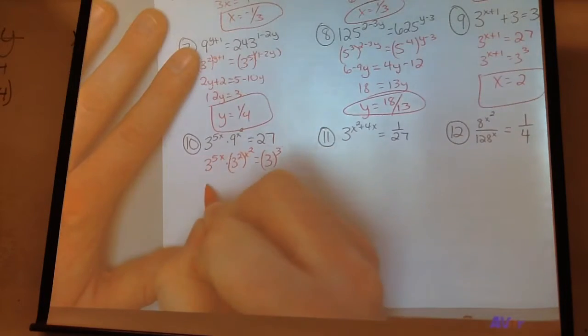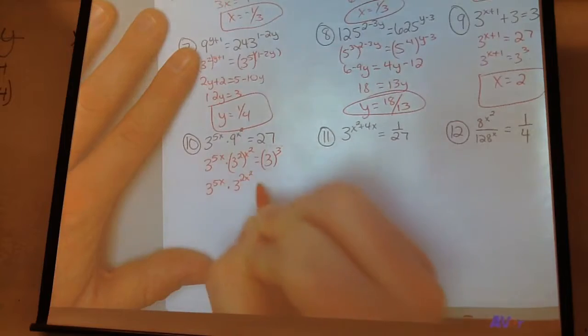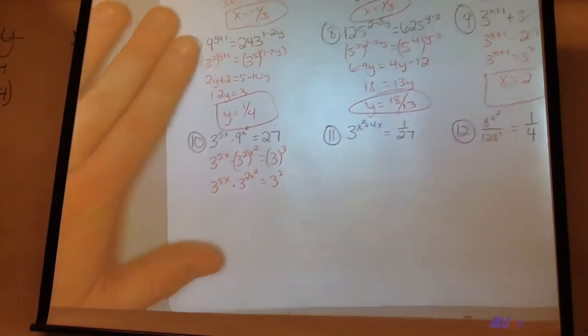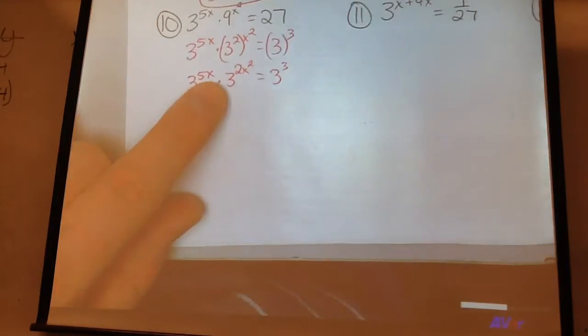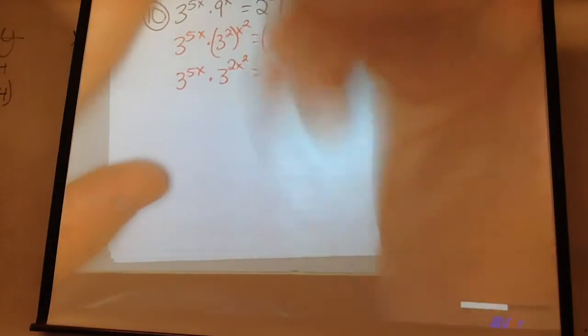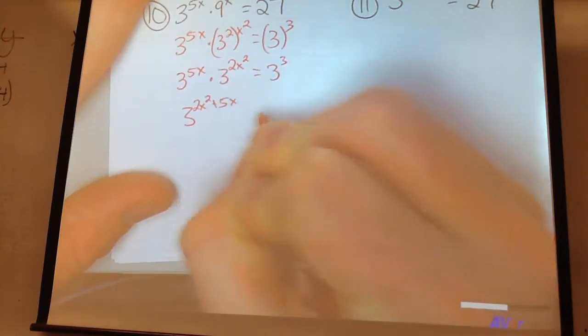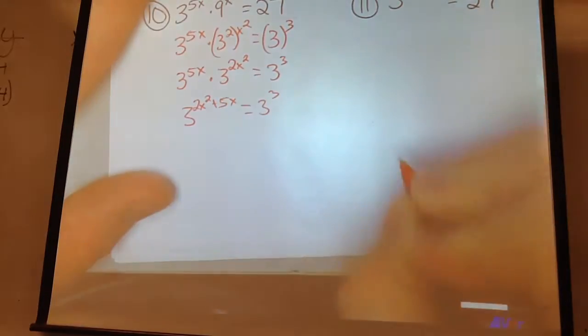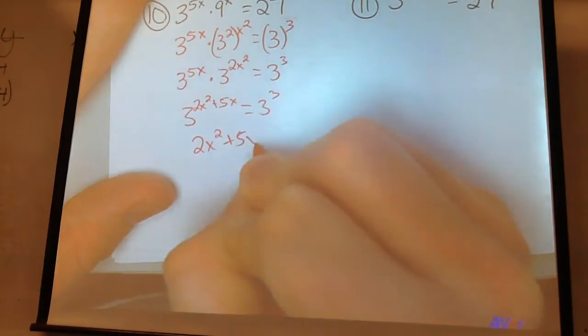Okay, so now that's 3 to the 5x times 3 to the 2x squared equals 3 to the third. Now you combine. When you multiply, what do you do with your exponents? Add them. So it's 3 to the 2x squared plus 5x equals 3 to the third. So therefore, 2x squared plus 5x equals 3.